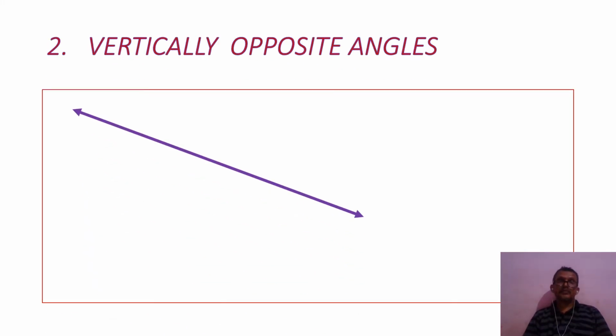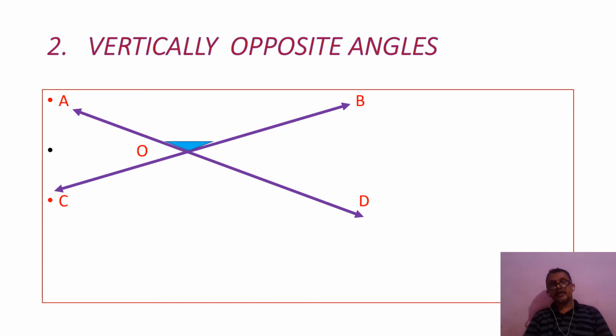Now vertically opposite angles. Here AD and BC intersect at O. Here I am showing these. These two are vertically opposite angles.